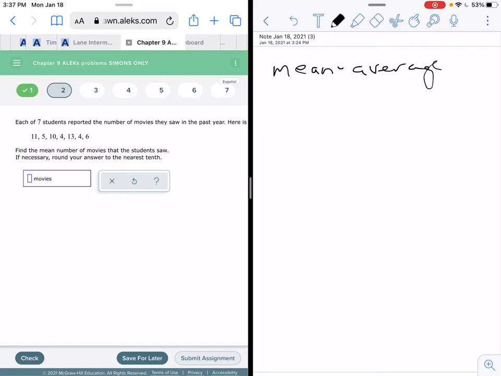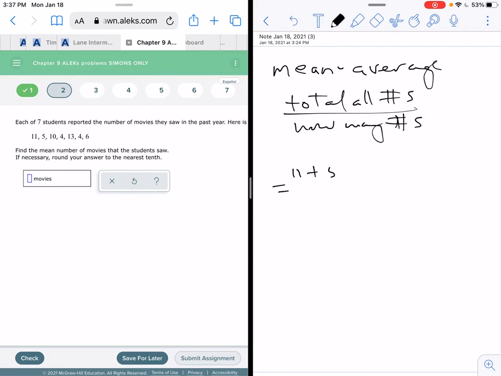Okay, so the way to find the average is you add up everything. You total all of your numbers, and then you divide by how many numbers you totaled up. So the total would be 11 plus 5 plus 10 plus 4 plus 13 plus 4 plus 6.